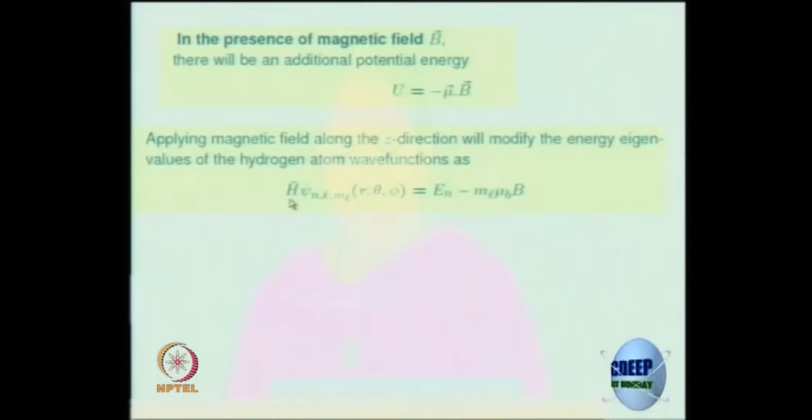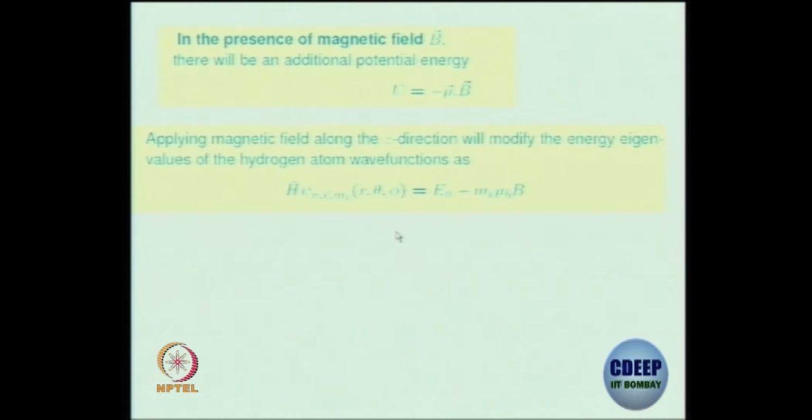So we know that the hydrogen atom will give you an En energy, but this interaction term, or this potential energy due to the magnetic field, we have done this. What does mu z do? Suppose you take the magnetic field to be along the z direction, mu z will give you minus ml times mu B, right? Sorry, I should have put that wave function multiplying, which I have not done. So please put that wave function.